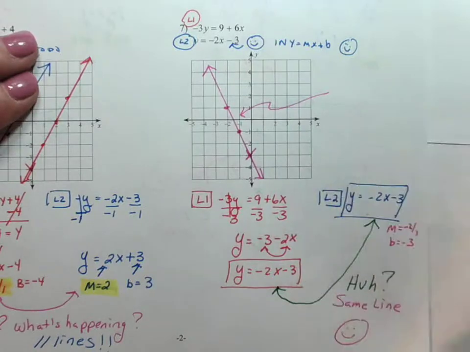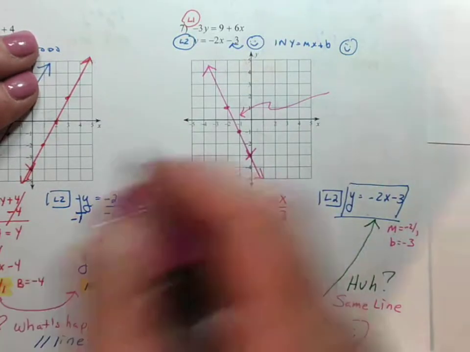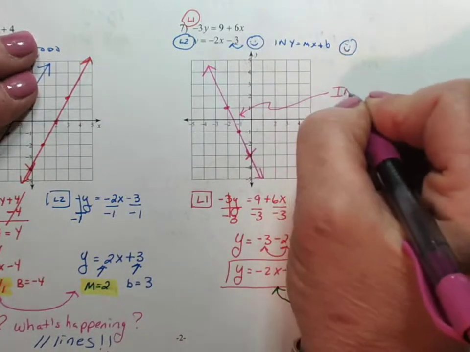So number 7, they're the same line. So that means you have infinite solutions.